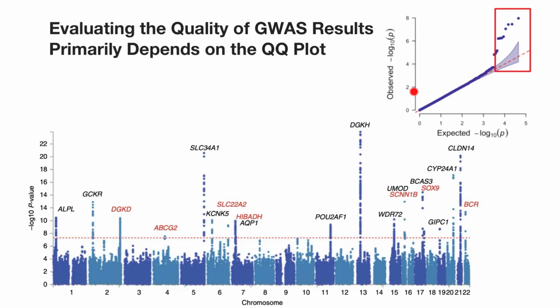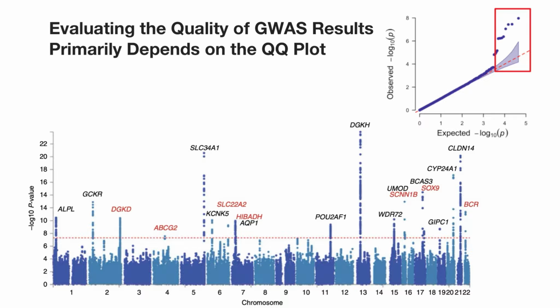So we're comparing your data with the average population. What this red line represents is the null hypothesis. It shows what the data would look like if there were zero genetic associations. Essentially, if everything was just random chance. If all blue dots stayed on this red line, that means that your study found nothing.